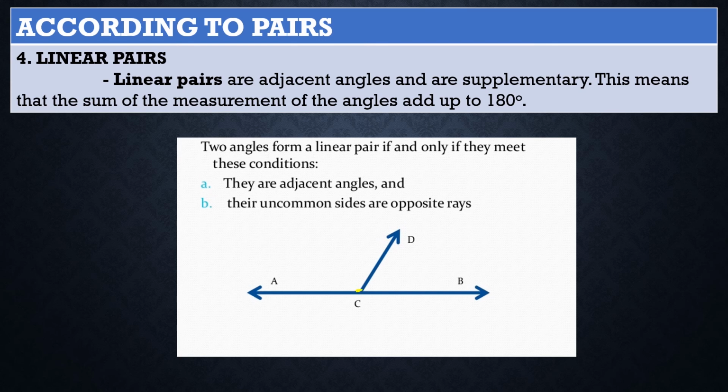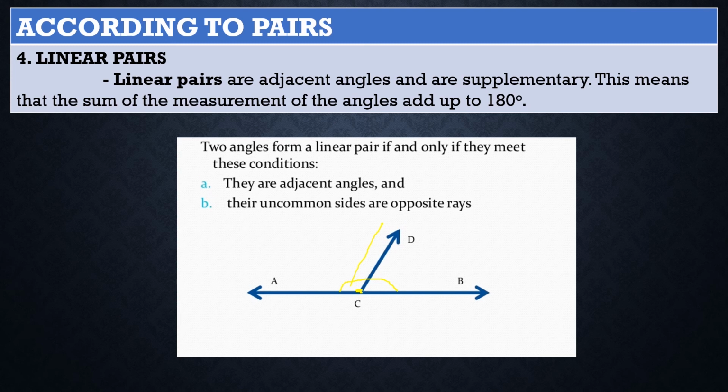Halimbawa dito, yung common vertex nila is si point C and may common side din sila, which is ray CD. So this is an adjacent angle and at the same time linear pair. So kung yung adjacent angles also pairs up as supplementary angles, ibig sabihin yung sum nila is 180 degrees. Therefore, we are going to name them or consider them as linear pairs.